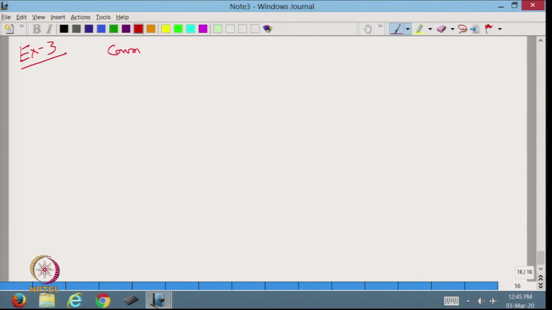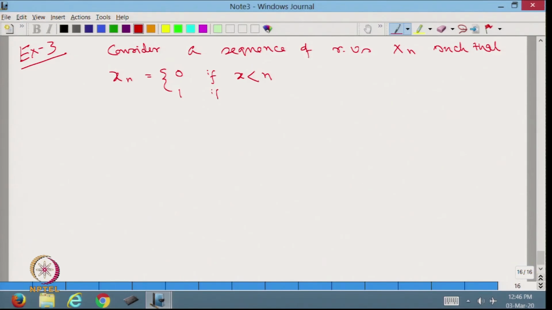Example 3. Consider a sequence of random variables X_n such that X_n is equal to 0 if x is less than n and 1 if x is greater than or equal to n.